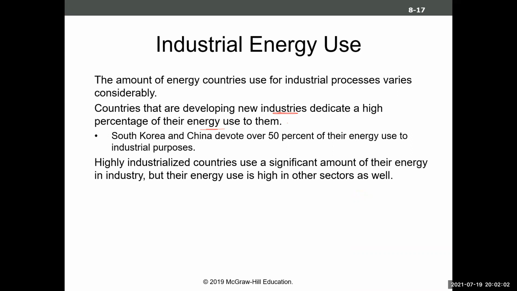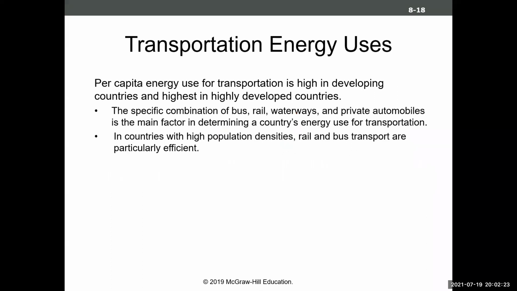So, for example, South Korea and China devote 50% to industrial purposes, but your already industrialized countries have a significant amount of energy and industry, but they can afford to use energy in other sectors because they've already got that industrialization developed. They've already got that process set up.